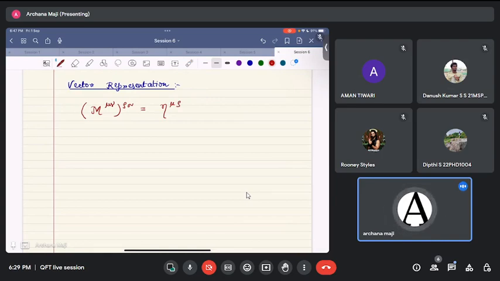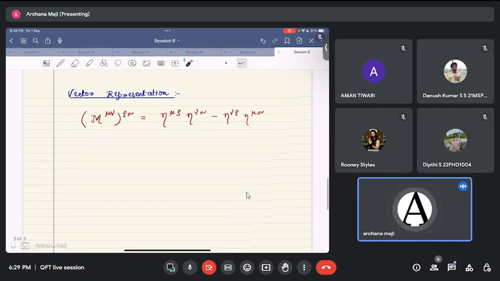So the matrix is as follows: eta^{mu rho} eta^{nu sigma} minus eta^{nu rho} eta^{mu sigma}. Okay, so this is basically anti-symmetric under the exchange of mu nu indices, and it is also anti-symmetric under the exchange of rho and sigma indices.